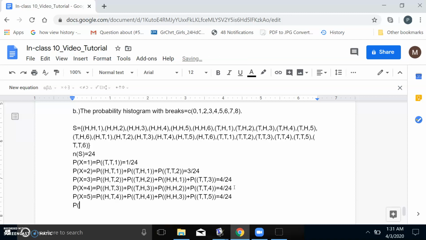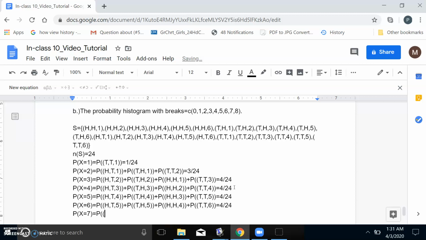Okay, moving on to the next one, probability x is 6. Head, tail, so that'd be 1 right now, so we need 5 more. Plus probability tail, head, 5, plus probability 2 heads, so that's 2 right now, so we need 4 more, plus probability 2 tails, so that'd be 0, so I need a 6 in this one. So it'd be 4 out of 24 also.